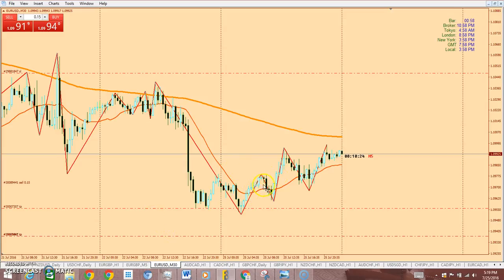So pretty much what we're looking at right now is overall the pair is in a downtrend. As you can see, the 200 moving average is pointing downwards, and price is currently in a bearish trend if you look at the overall picture. What I usually do when I trade is look for the overall picture and try to make it work.